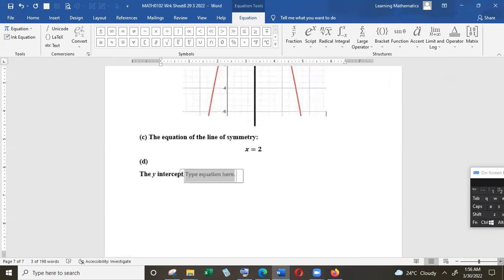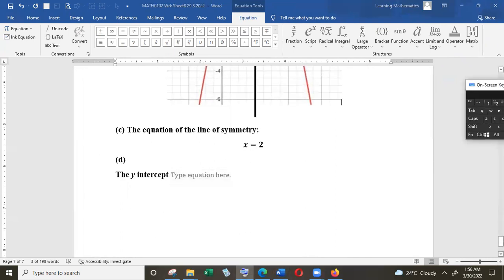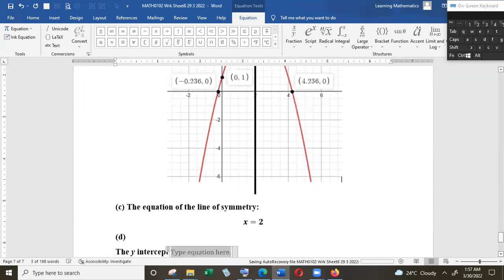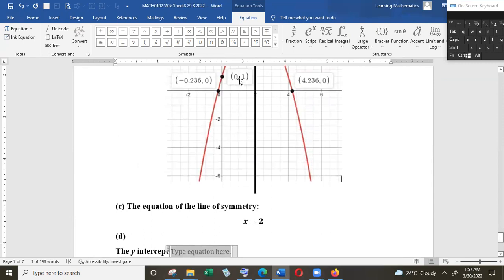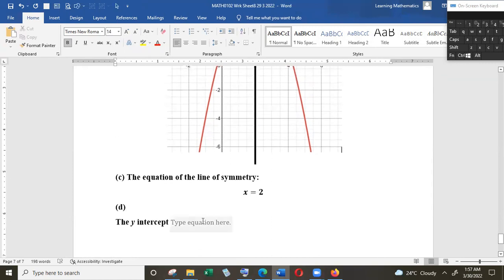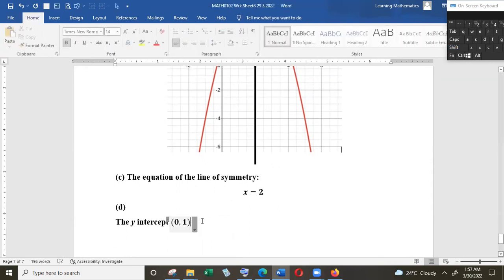They call it the y-intercept, where the graph crosses the y-axis. And that's 0, 1, right? On the y-axis, x is 0, and the 1 is the y value. So the y-intercept is, open bracket, 0, 1. X is 0 on the y-axis.